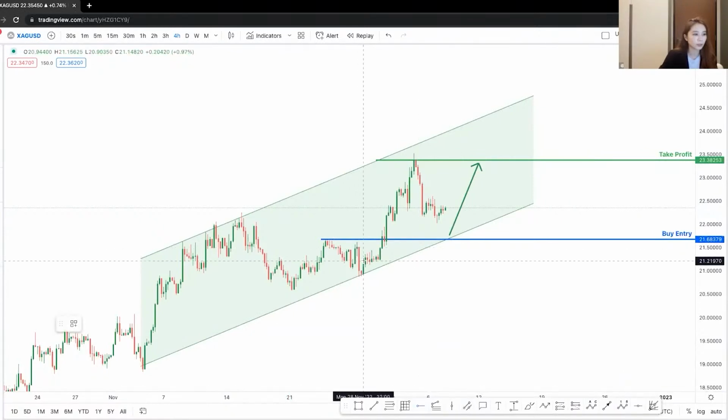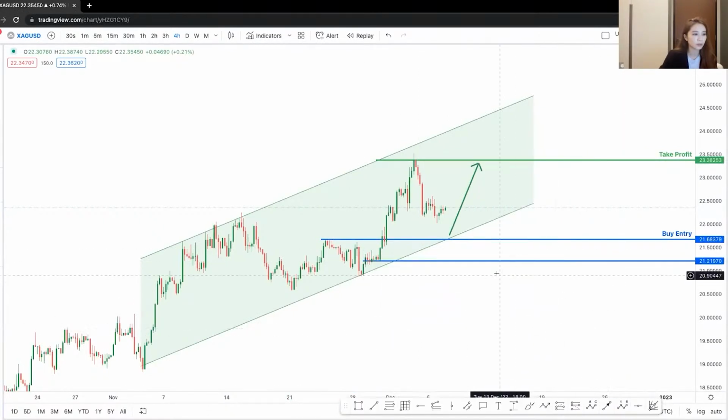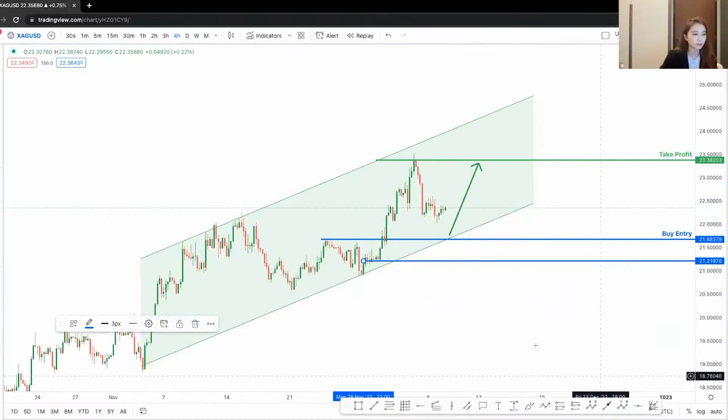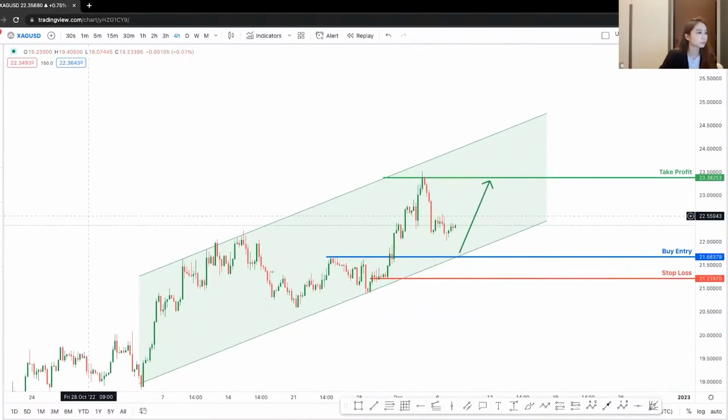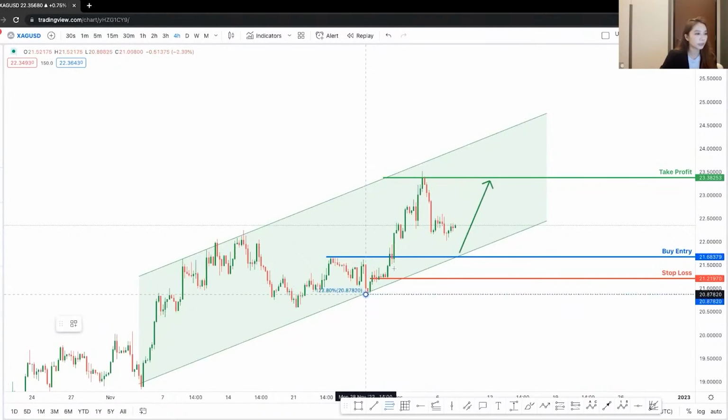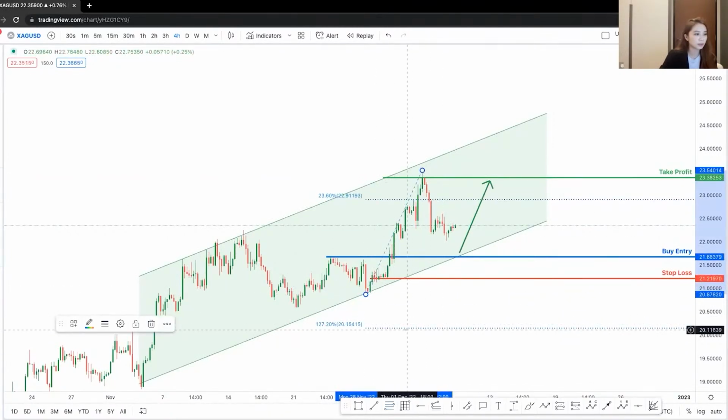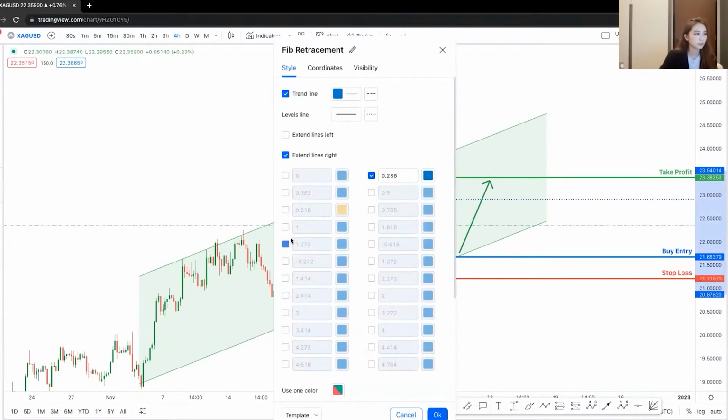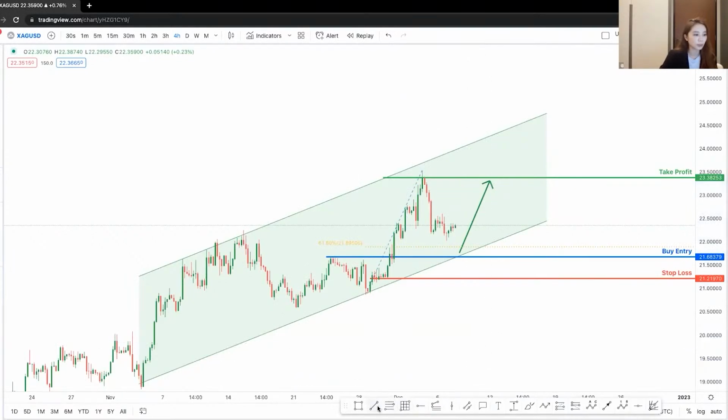And I would like to keep my stop loss slightly closer. Okay, let's use our Fibonacci retracement. So we are looking at a potential bounce off in this area.